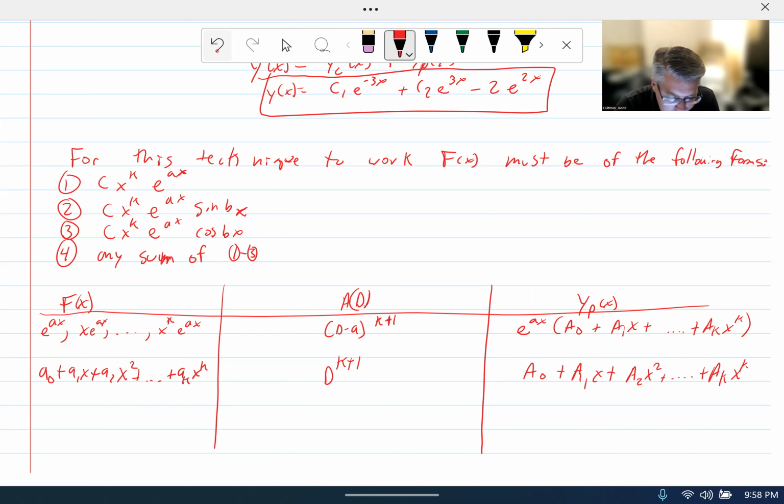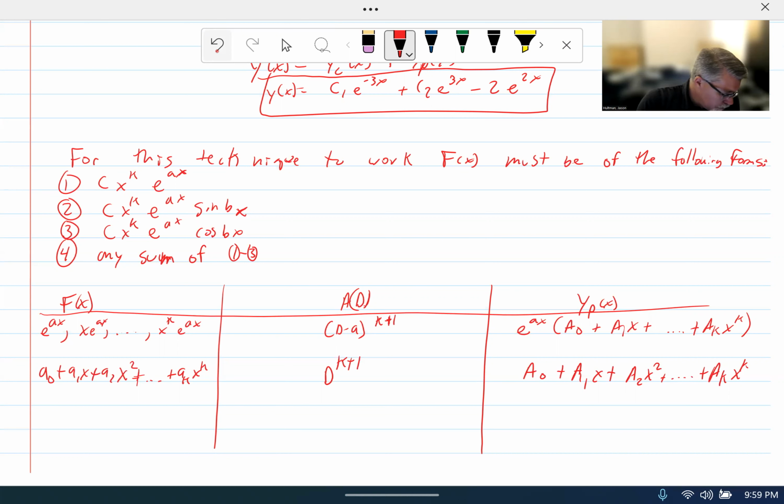So we don't have that e. But in this case, if in the e to the ax I just let a be 0, then that will give me kind of the same thing that I have here, just with various coefficients. So we don't end up with that minus a in this case. We end up with just D to the k plus 1.